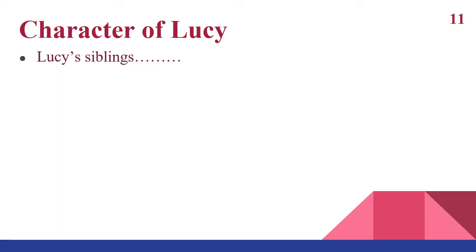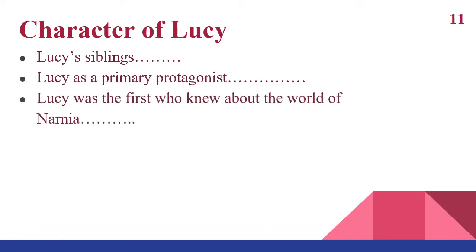As we know, in the first three chapters we have read about Lucy, that she is the youngest sister of Peter, Susan and Edmund. And in many ways, Lucy is the primary protagonist, basically the main character. She was the one who knew about the world of Narnia.